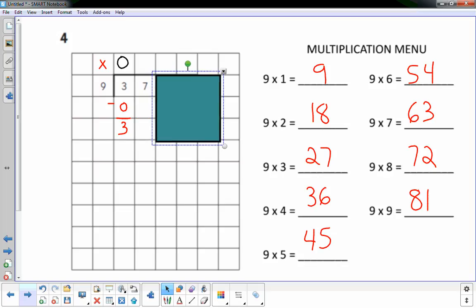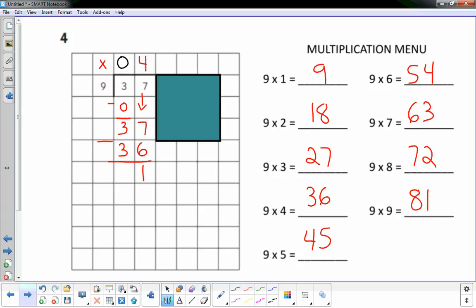Uncover the next digit and bring it down. Now you have 37. I look at my multiplication menu. 9 times 4 is 36. That's the closest one. So put a 4 up here. 4 times 9 is 36. Subtract. Get a 1.